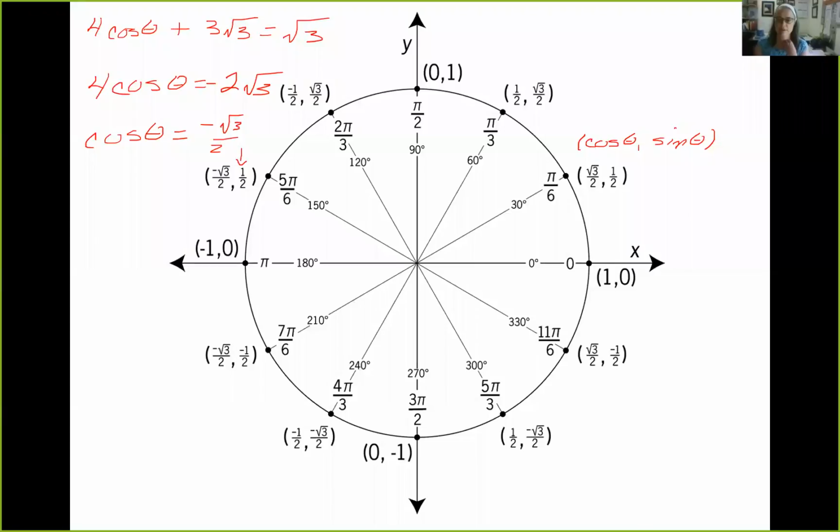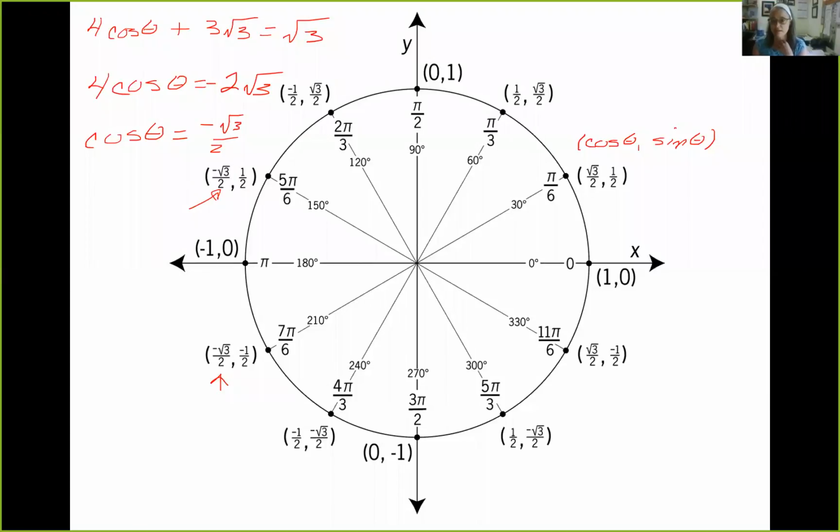And if we consult our unit circle, we will see that now cosine is the x-coordinate, so we've got a cosine of root 3 over 2 here, and a cosine of negative root 3 over 2 here.